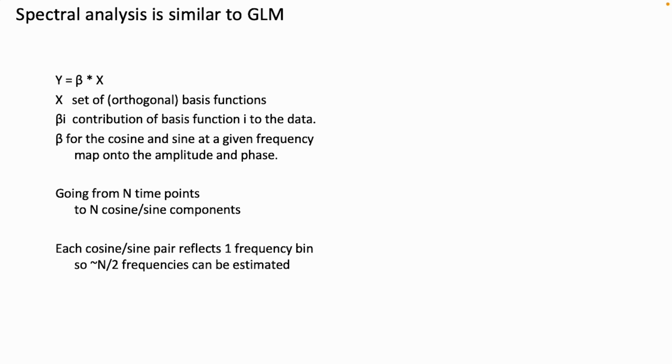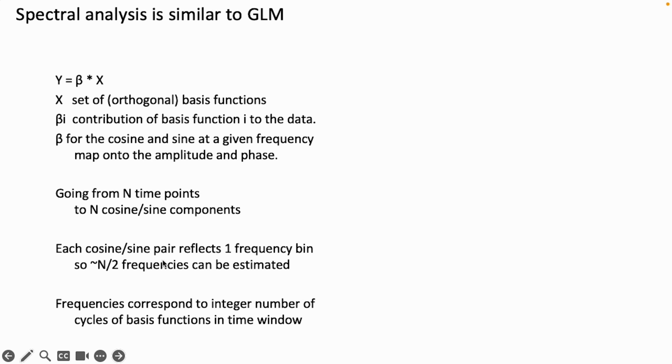Since each sine and each cosine reflects one frequency bin, we can only estimate n divided by 2 frequencies. So we have n cosine and sine components. Half of them are cosines, the other half are sines. And they basically come in pairs, and that's why we only have n divided by 2 frequencies.